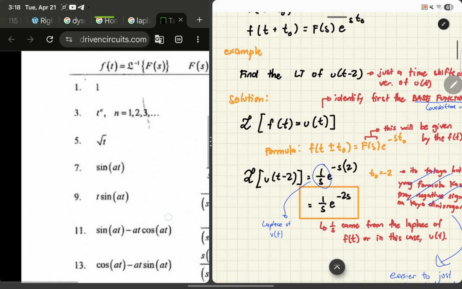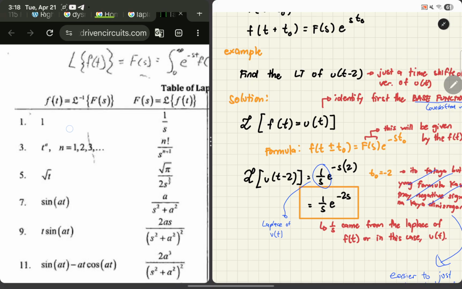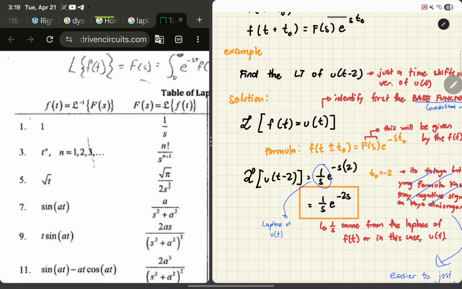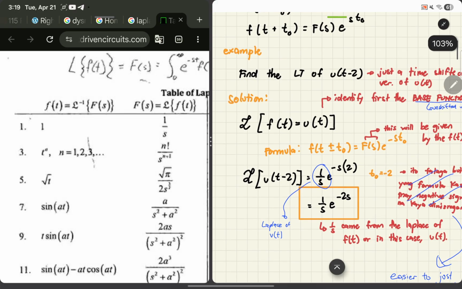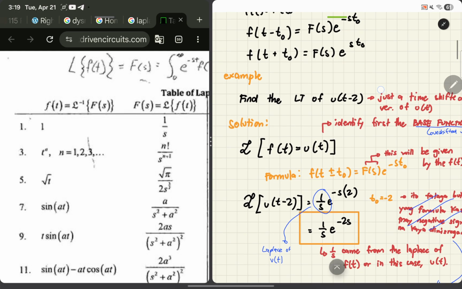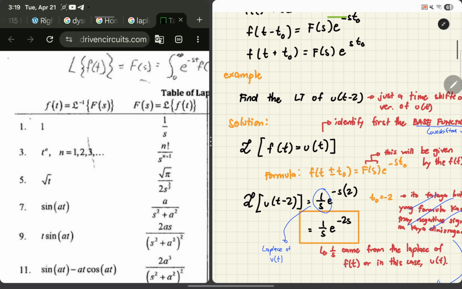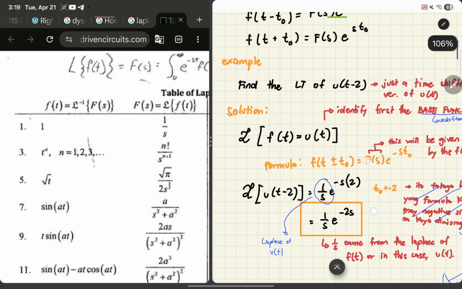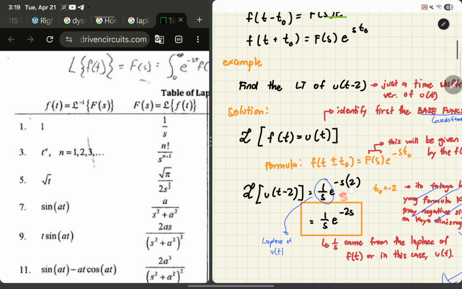So what is the Laplace transform of u of t now? We have here u of t, or simply 1, times the function that will be 1 over s times e raised to negative s t0. Okay, so since in here we have a negative t0, then negative s will have negative 2, or simply e raised to negative 2s.